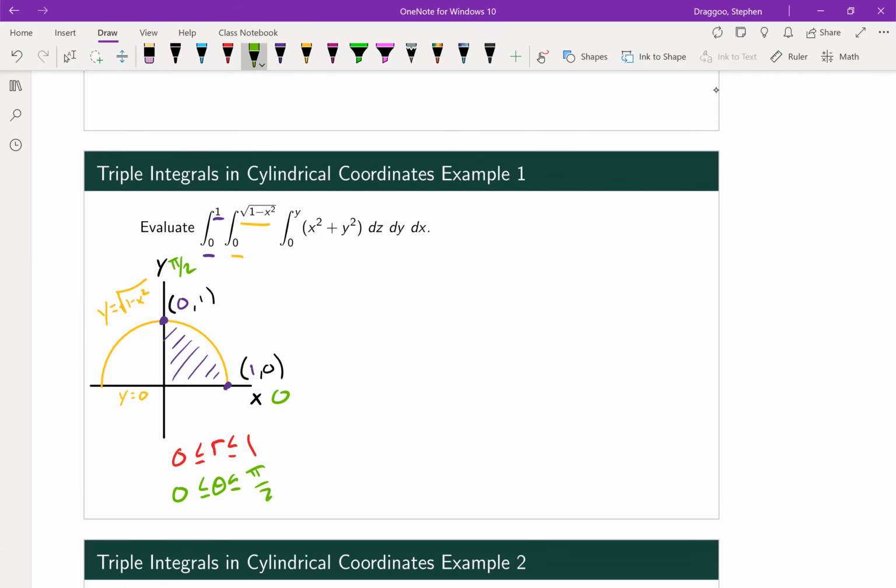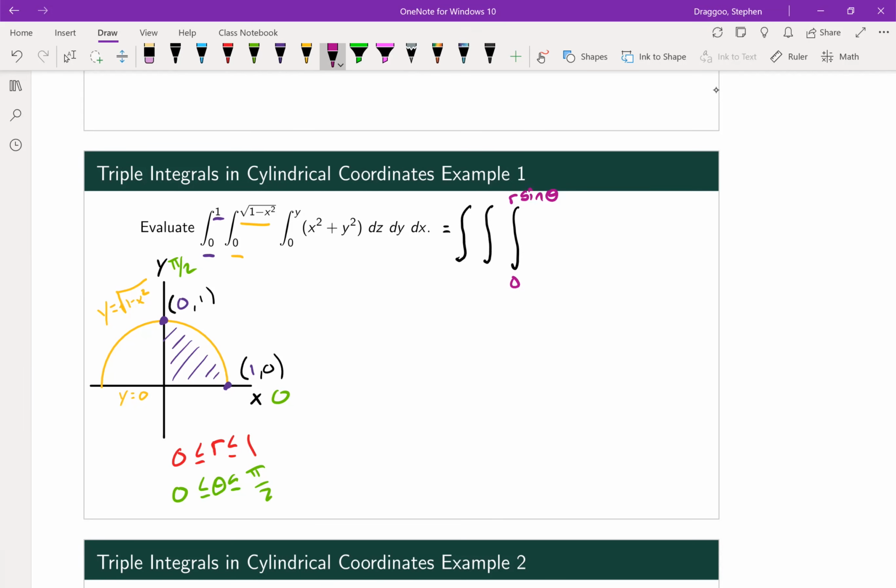So we should be prepared to change over that iterated integral into a cylindrical coordinate iterated integral. Our z values will go from 0 to y. y is r sine theta, so we'll pop that in.